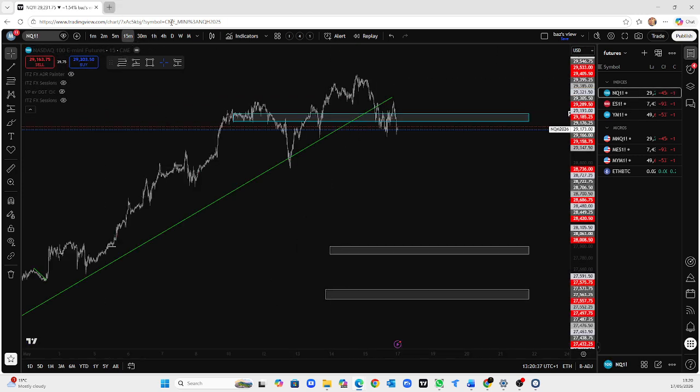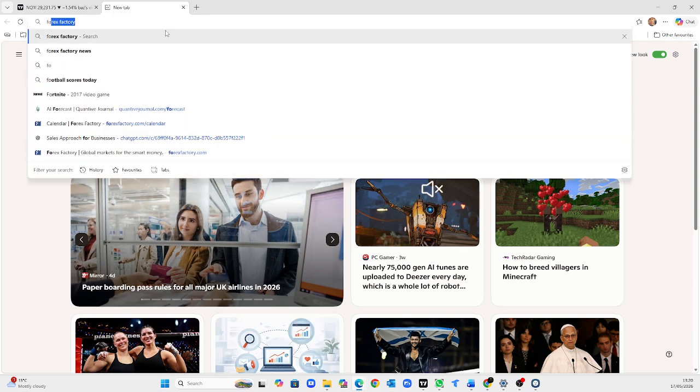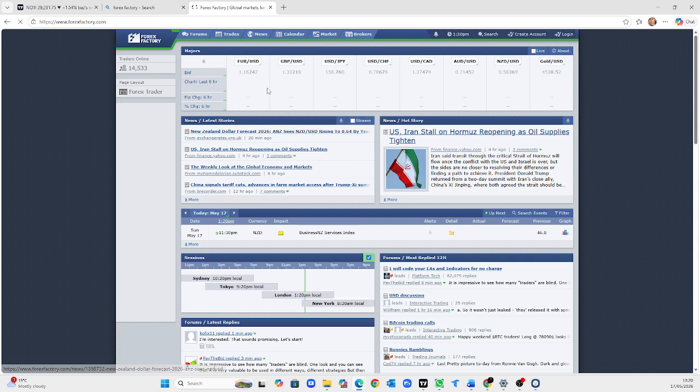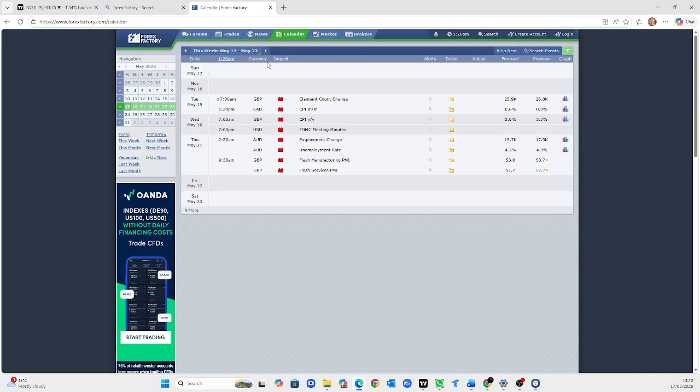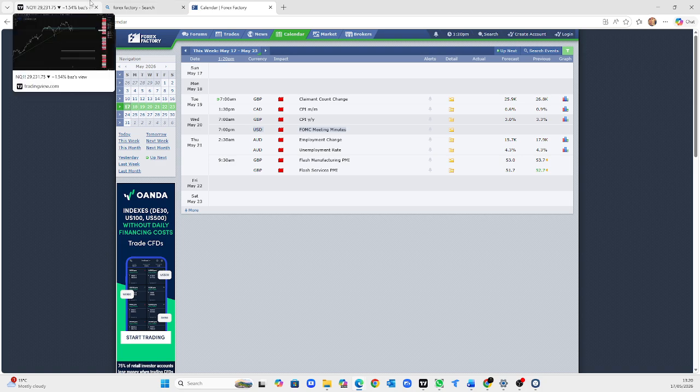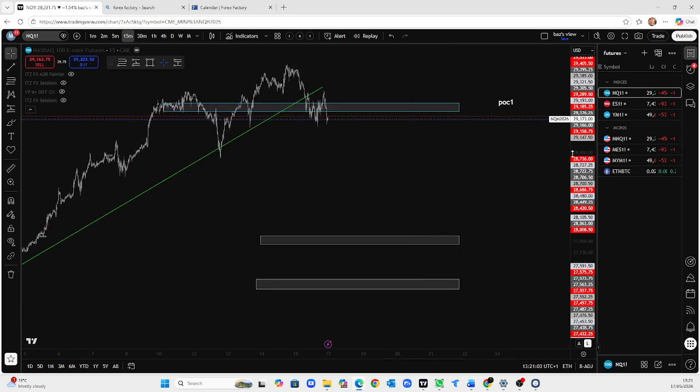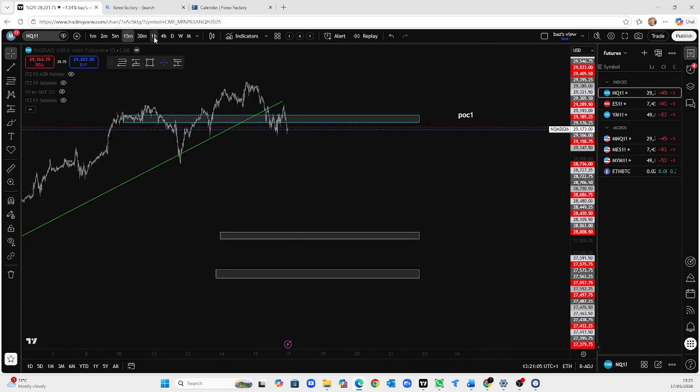Okay, when is the news? So this upcoming week, what do we have? FOMC minutes. No news really, so we can see a potential range with no impact.